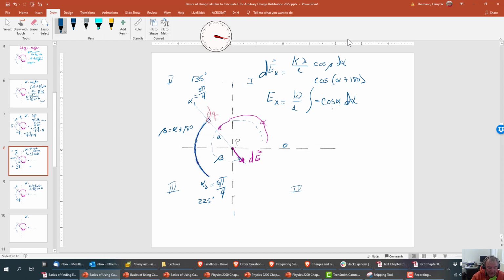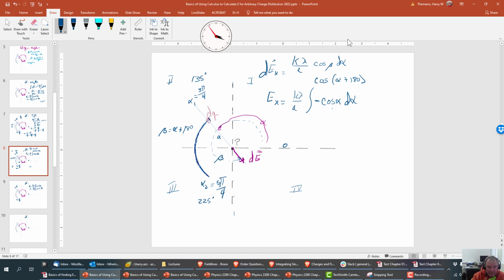So 225, enter, and cosine, and I get a negative number, which is fine. Let's do it one more time. 135 cosine is negative, fine. And at 225, cosine's also negative. So if I hit it with the minus sign, I get dE in the right direction each time.